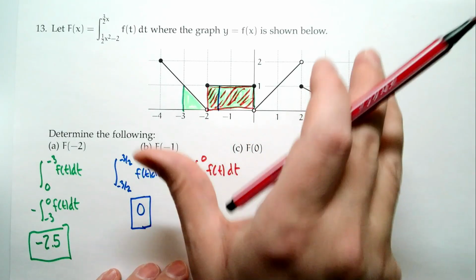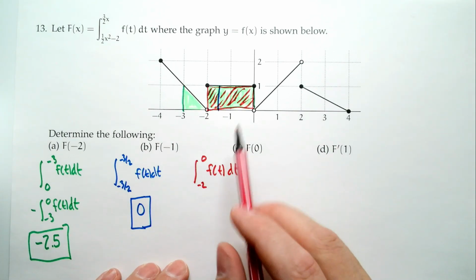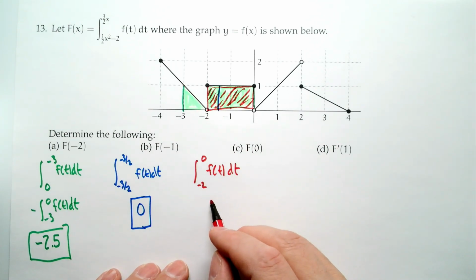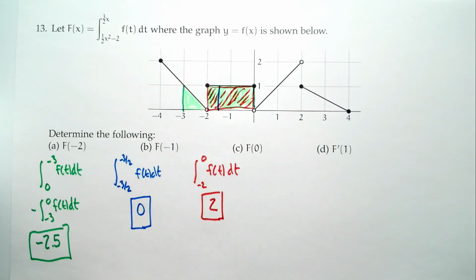We're using the geometry from the picture to help us answer these questions. So the amount of area, which is the integral, is 2. So really this is a problem where we do not try to actually find the piecewise function and integrate it. We're using the picture to help guide us. We're using geometry to answer these problems.